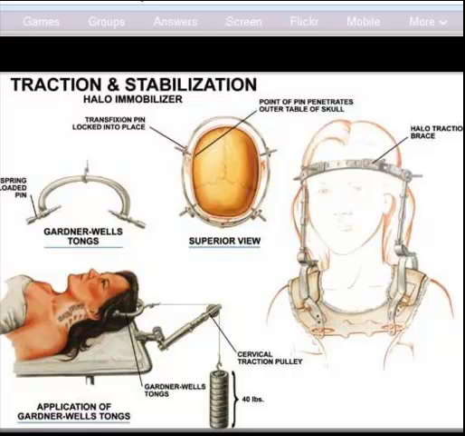The biggest thing with traction and stabilization is that you make sure that you do not pull on any of the traction when you want to turn or move the patient. Make sure that you do not pull or use the halo as a brace to reposition patients or to get them in a different position.